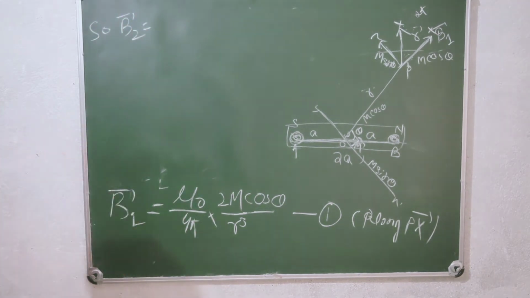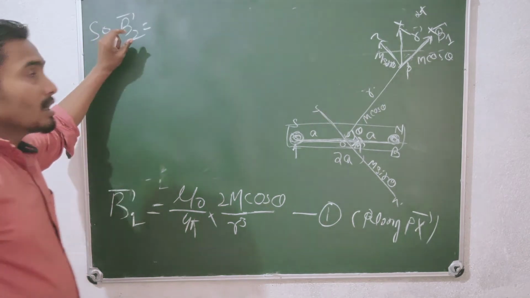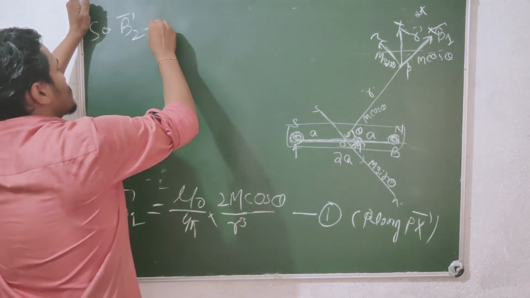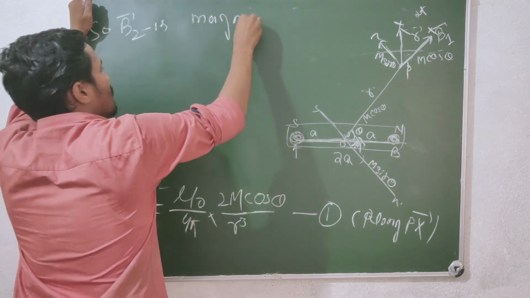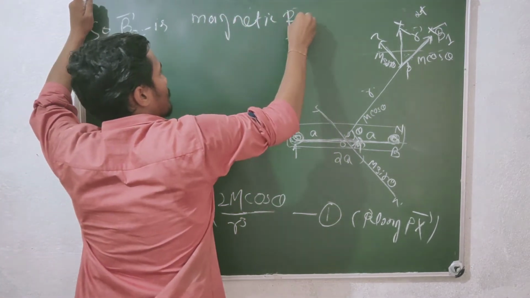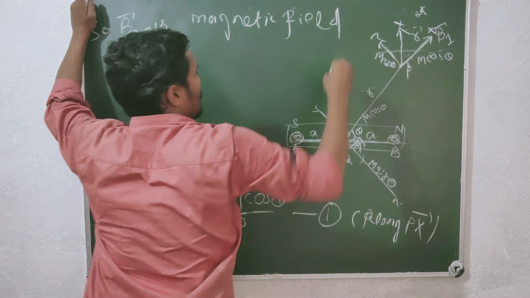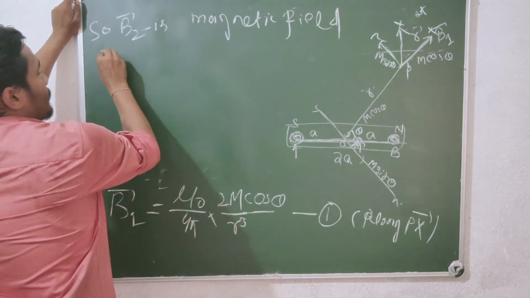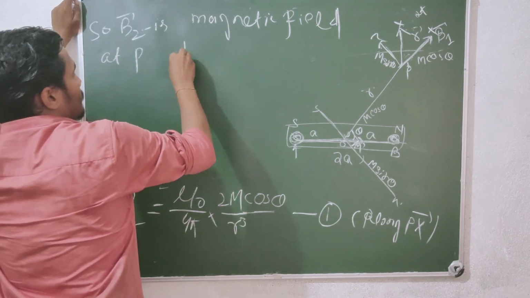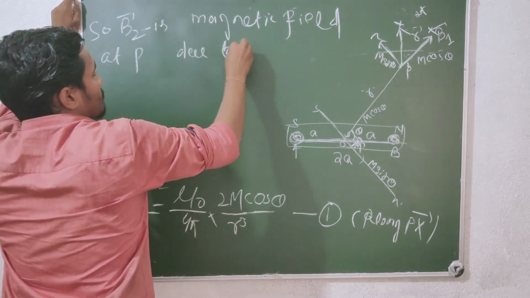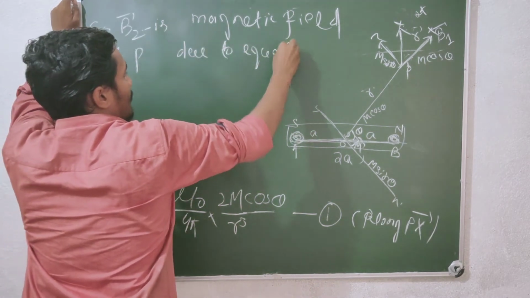That same formula is applied here, but here B2 is the magnetic field at P due to equatorial line.